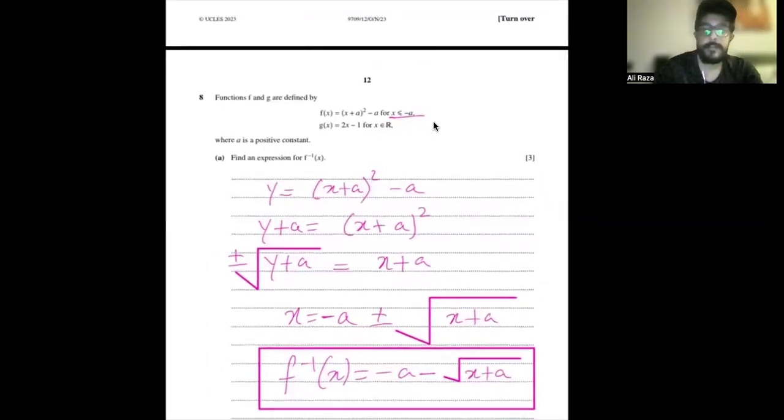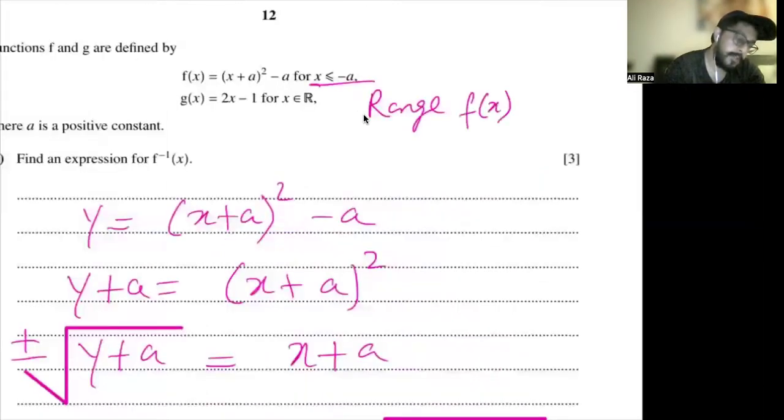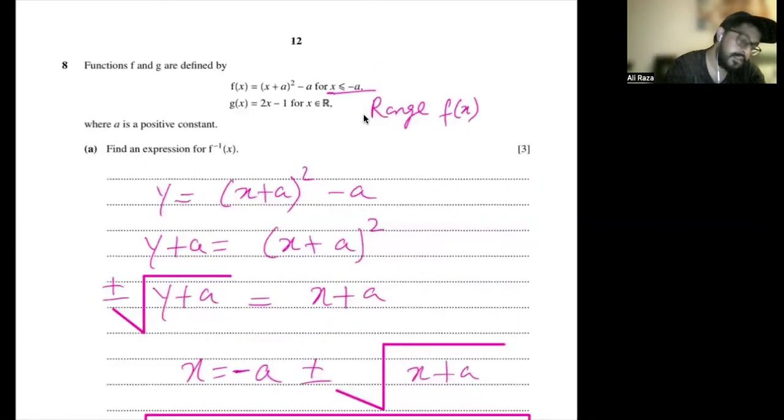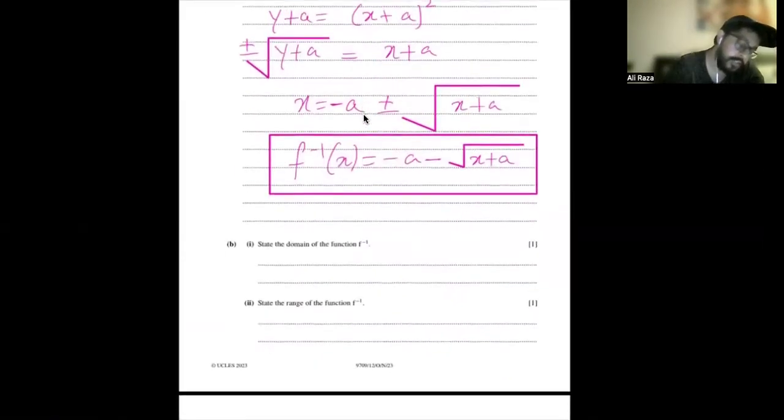The range for fx would be greater than or equal to the y coordinate of the turning point, which is minus a. So the range of fx is greater than or equal to minus a, and the range of the function would be the domain of the inverse.